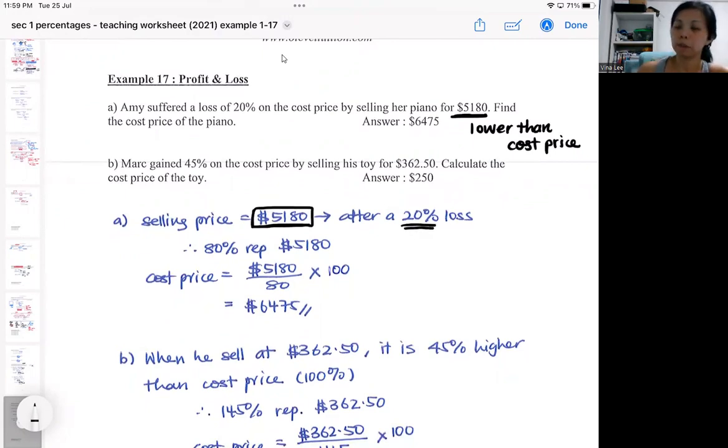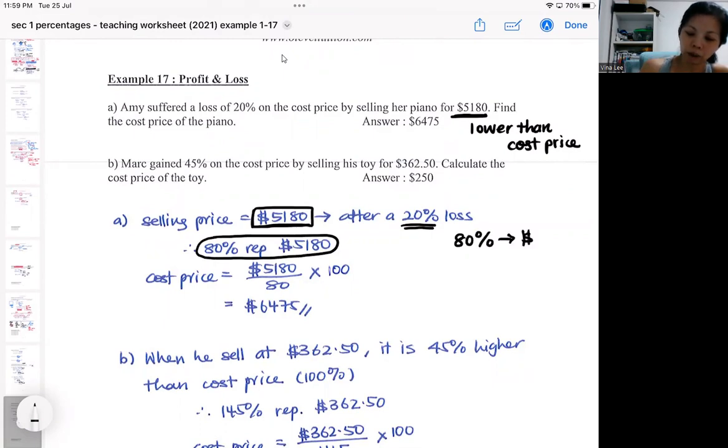That means the person who is paying 5,180 is paying 80% of the cost price. So in a way, you can think about 80% as 5,180. You can do primary school thinking, but don't use the arrow. If you would like the cost price, then you are finding 100%.